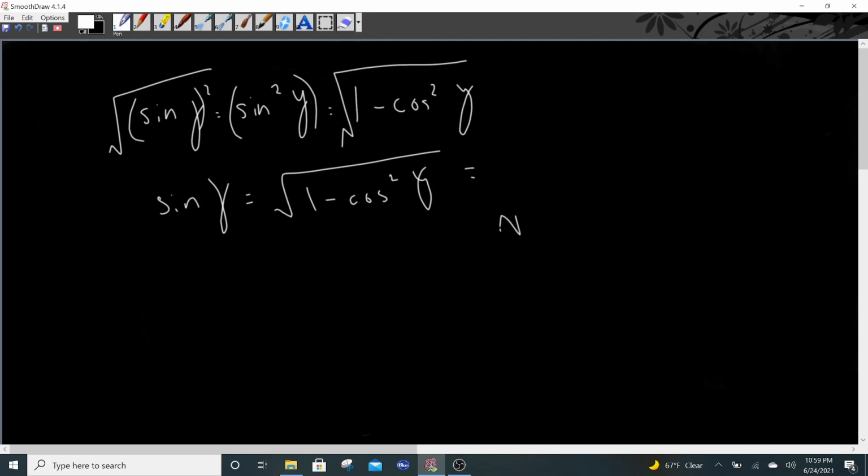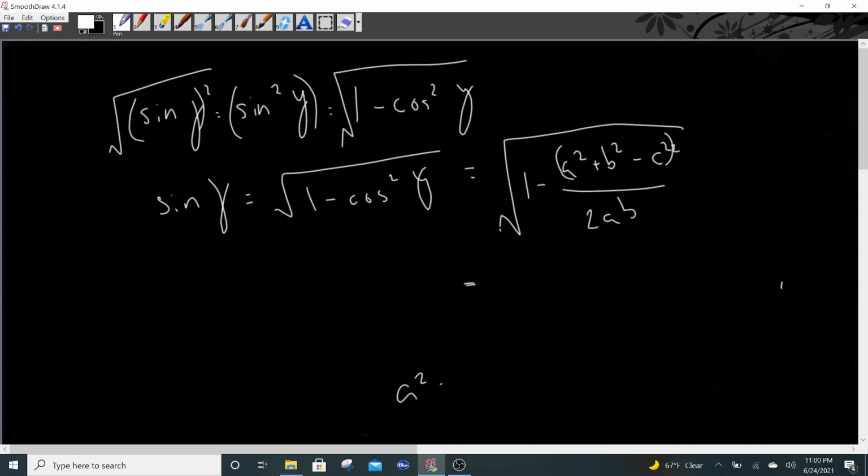We can have the square root of 1 minus a squared plus b squared minus c squared over 2ab, and this would be squared, right? If we were to leave some breathing room in the future to do a difference of squares, if we were given a squared minus b squared, we can factor that to be a plus b times a minus b, which would be much easier to work with in comparison to our somewhat temperamental formula right there.